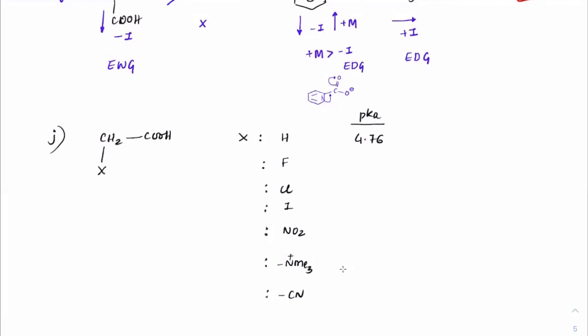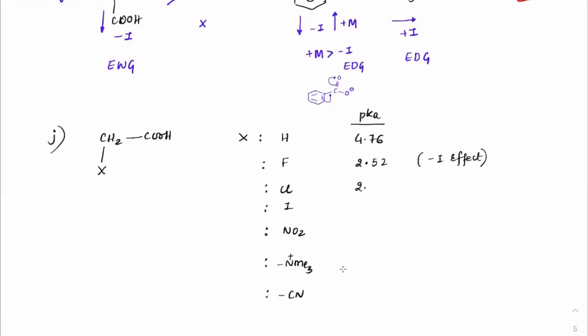The minute it becomes fluorine, we will have minus I effect. So here minus I effect will be dominant. So 2.5, let me write out here, minus I effect. So acidic strength is increasing because of minus I effect.